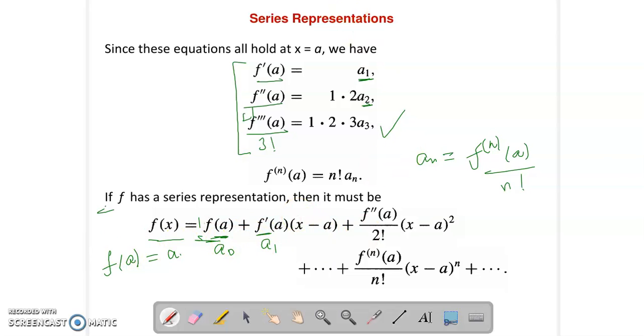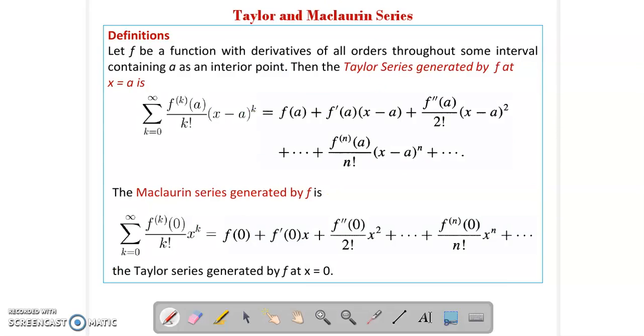Now let's address the question of when the Taylor series or the power series representation for a function exists. So let the function f be a function with derivatives of all orders throughout some interval I containing a as an interior point, right? So this is the assumption on the function.